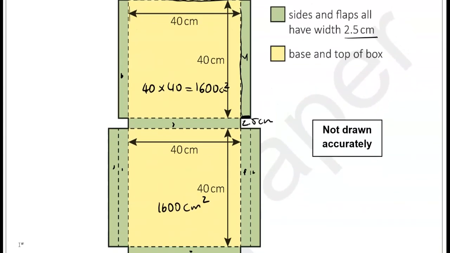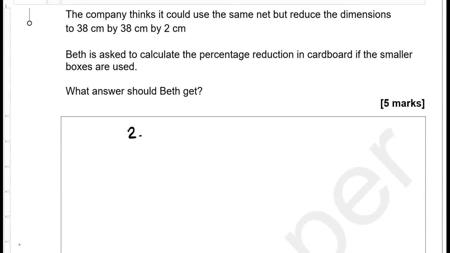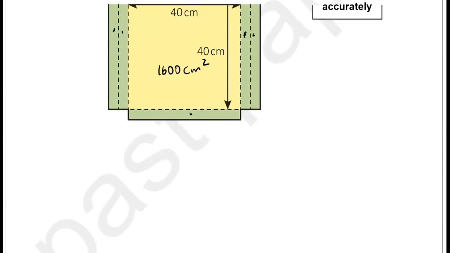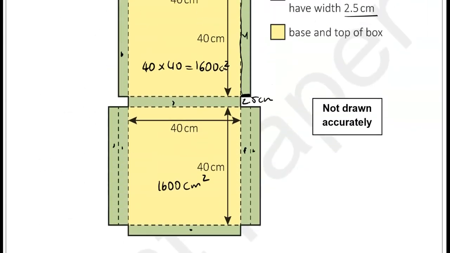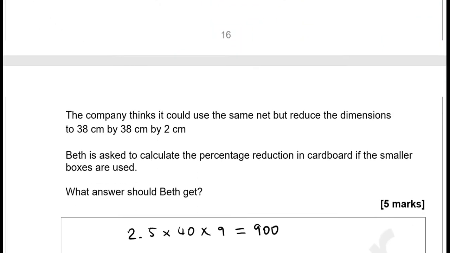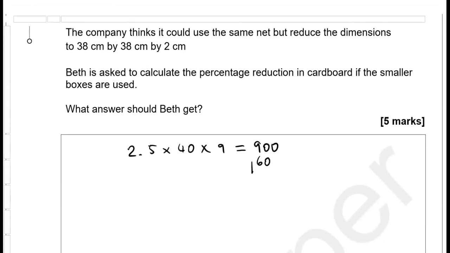So 2.5 times 40 times 9, because there are 9 of them. And this is 900. Also, we had 1,600 and 1,600. Which gives us 4,100.